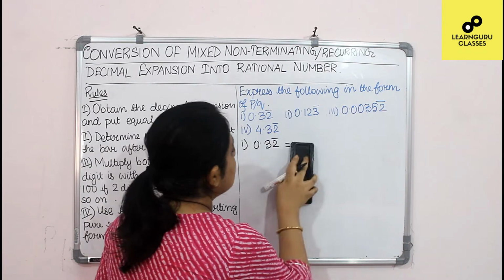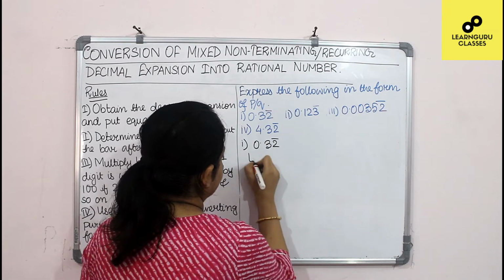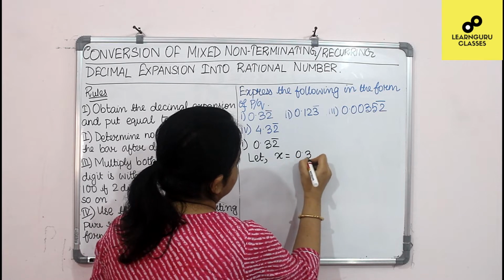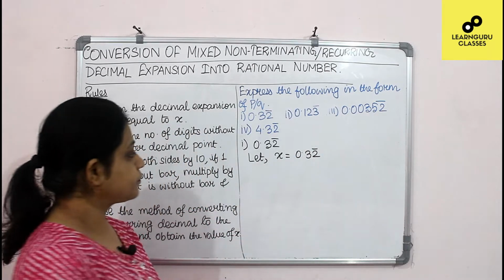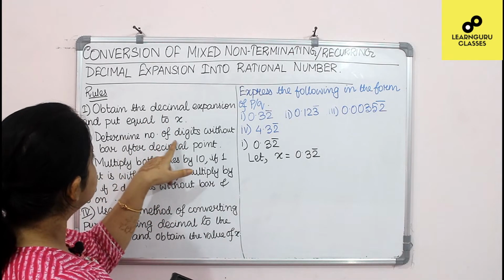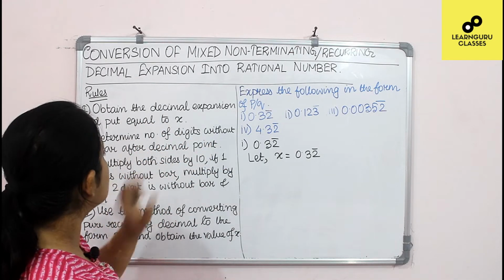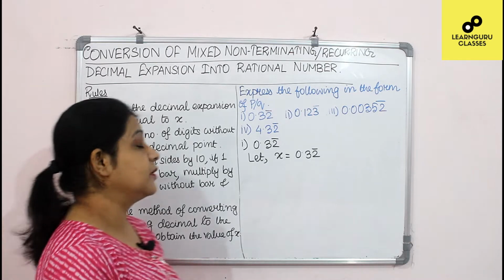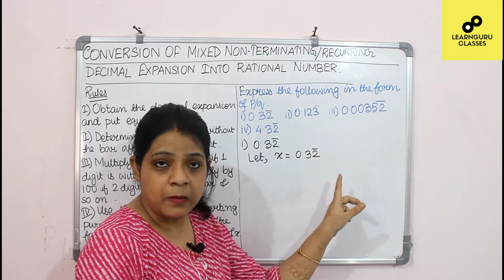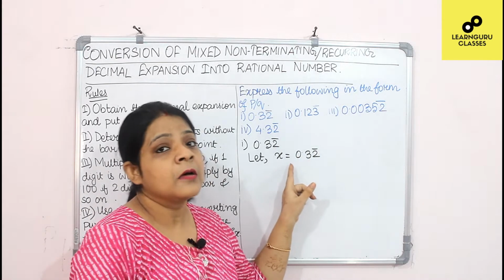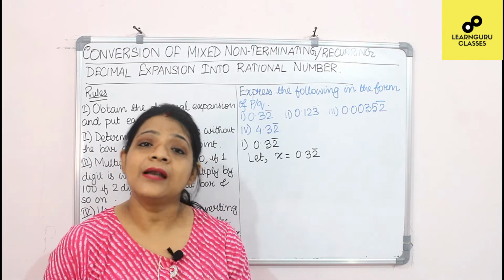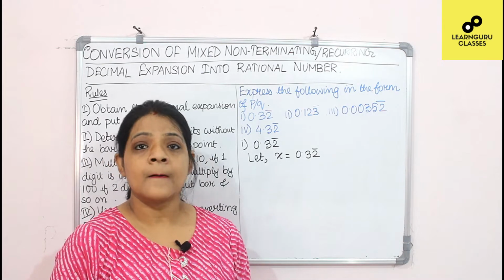So let x equal 0.32 bar. Next step, determine the number of digits without the bar after the decimal point. Here in 0.32 bar, 2 is under the bar but 3 is without the bar. So 1 digit is without the bar.